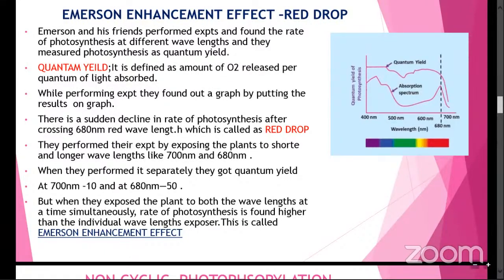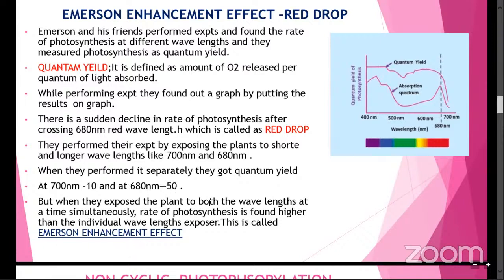And when a plant is exposed to the longer wavelength, that gives extra quantum yield compared to the shorter wavelength. For example, at 700 nanometers, quantum yield is 10, and at 680 nanometers, quantum yield is 50.